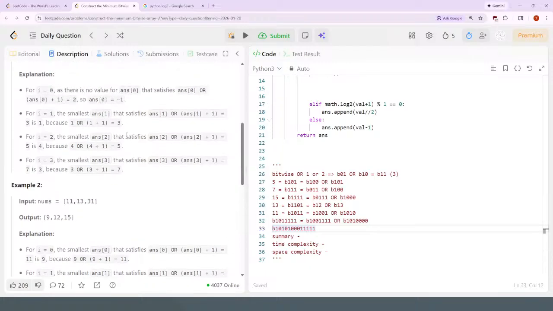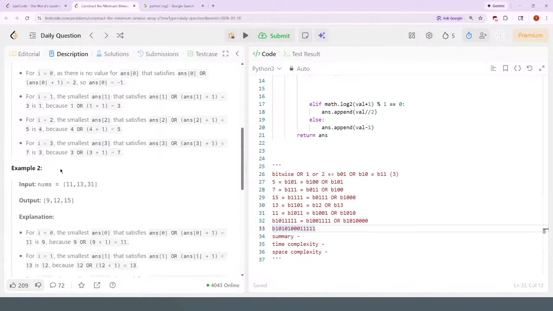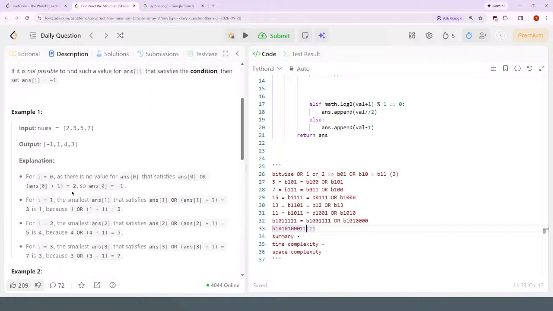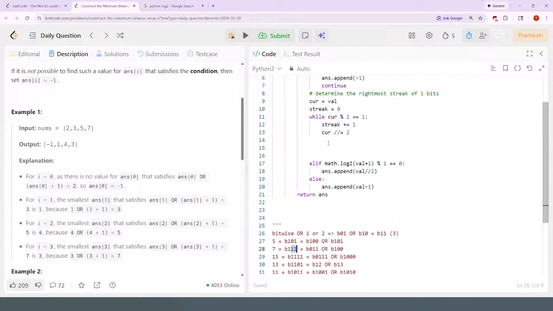11 goes down to 9, which is a difference of 2. And then 31 goes down to 15, which is 16. 7 goes down to 3, which is 4. So the streak that I'm dealing with, I think maybe 1 less than that streak is the exponent of the power of 2 that I deduct from the original value.